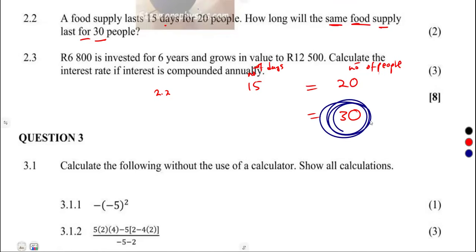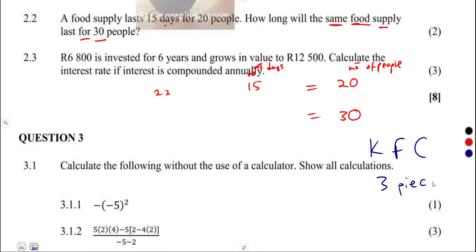So the more people, they will take fewer days. If two of you are eating, let's say, the same amount of KFC, say 3 pieces, and then you are now 10 eating the same 3 pieces of KFC, how long are you going to take?